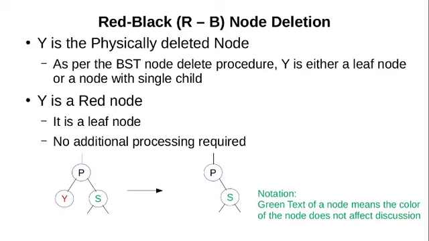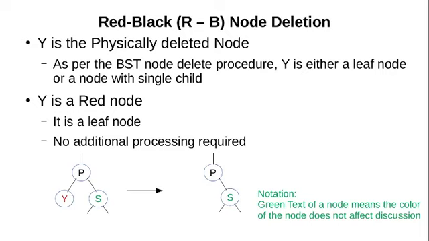Following is the explanation. We emphasize the fact that the tree satisfies all the red-black tree properties before the deletion. As Y is colored red, it cannot have a red child, as this indicates a red-red violation. Further, Y cannot have a single non-nil black child, as this indicates a black height imbalance at Y.